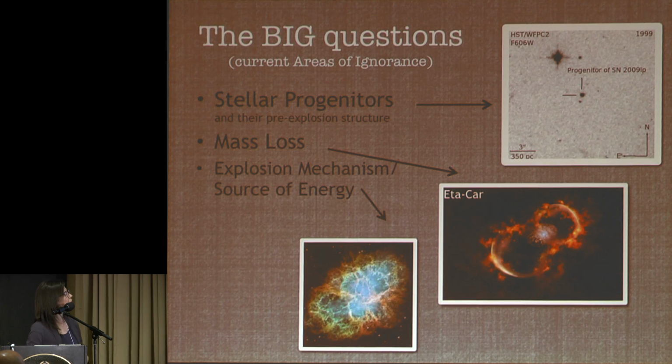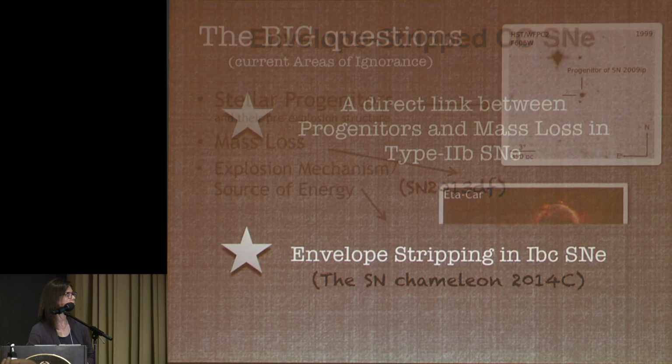Those are the three major areas that I like to define as major areas of ignorance in the field of supernovae. In the remaining 20 minutes, I'll try to tell you something about our recent progress, especially in the understanding of mass loss in massive stars.